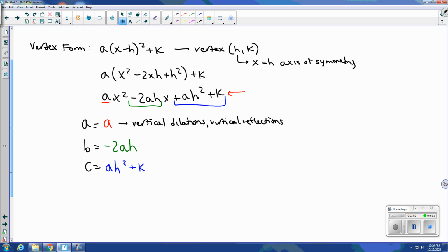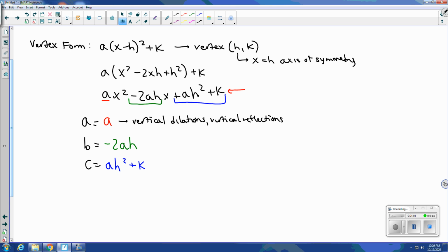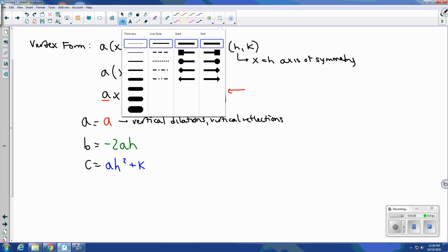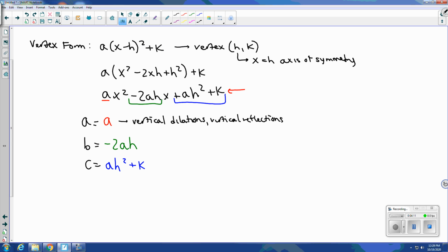So if h is the axis of symmetry, then we can manipulate this equation where b equals negative 2ah by solving for h. And what happens through there is that we'll get h equals negative b over 2a. So if h represents the axis of symmetry from our vertex form, then we now have an equation that allows us to find the axis of symmetry.